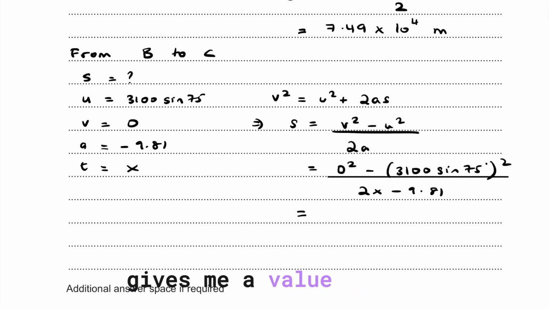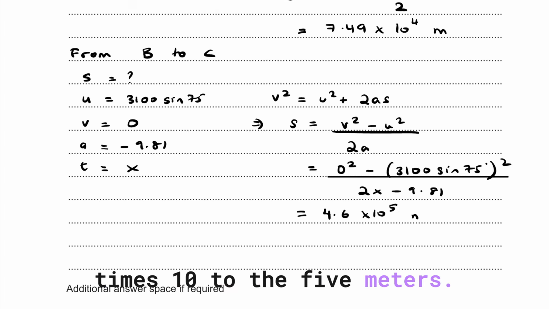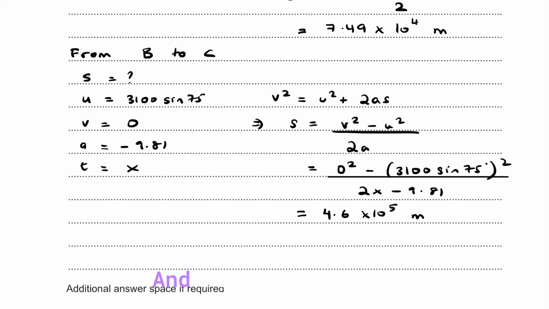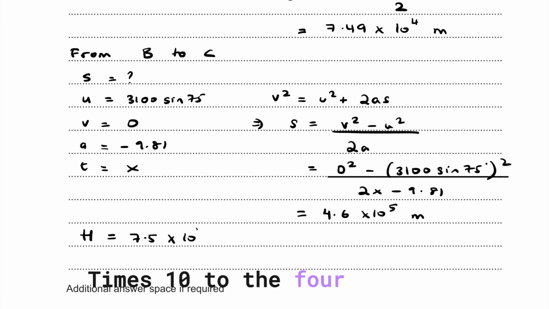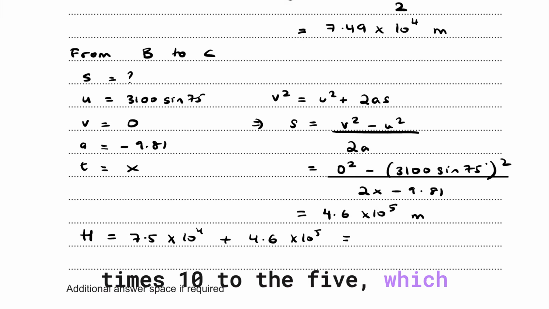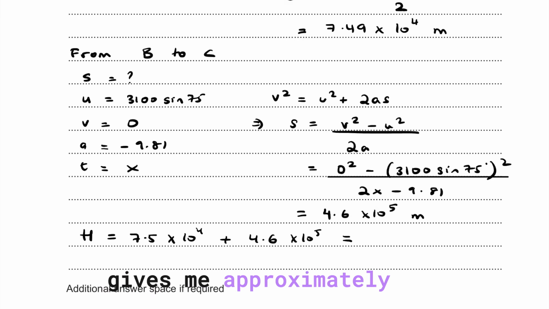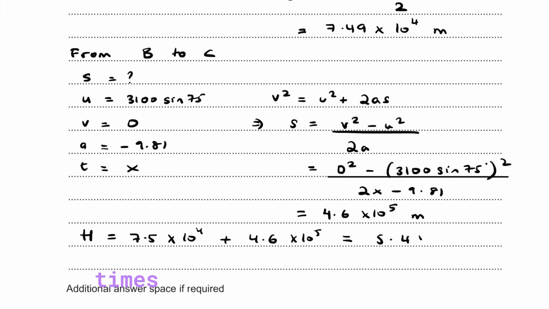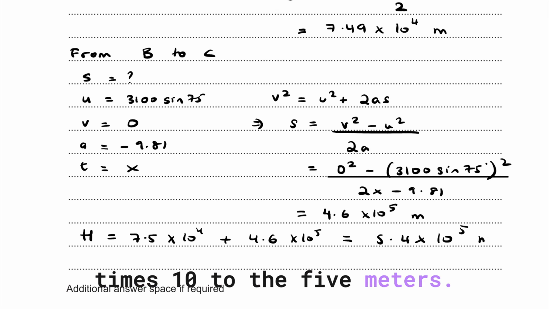And that gives me a value of 4.6 times 10 to the 5 meters. And now all I have to do is add the values. So h, therefore, is going to be 7.5 times 10 to the 4 plus 4.6 times 10 to the 5, which gives me approximately 5.4 times 10 to the 5 meters.